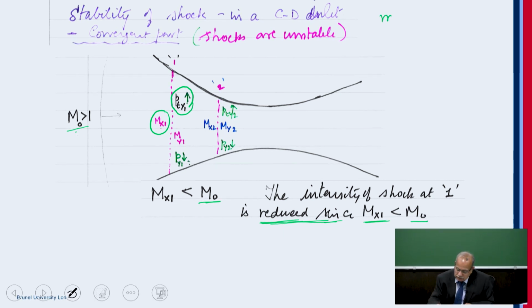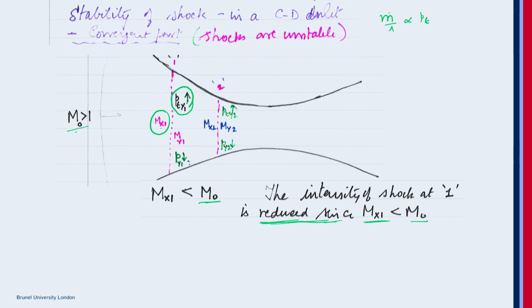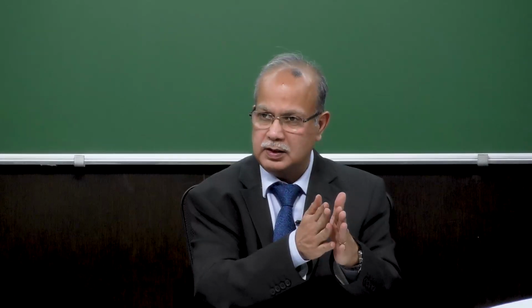We have already seen that the mass flow rate per unit area is proportional to Pt times the square root of gamma by RT, with 1 plus gamma minus 1 by 2 M squared and so on. Let's not worry about that. Let's look at it like this: the mass flow rate is directly proportional to total pressure. After the shock, the total pressure increases.